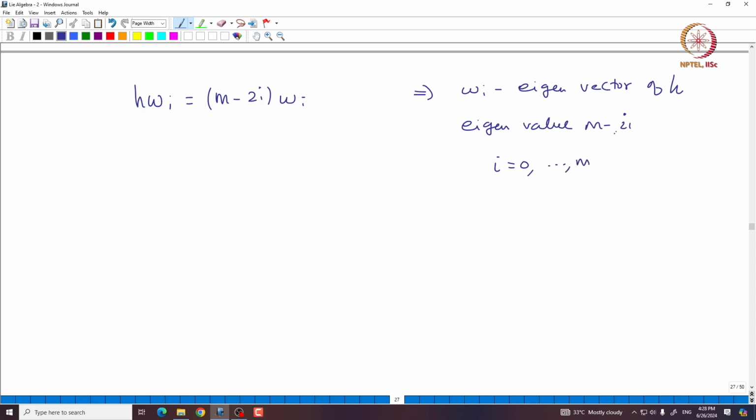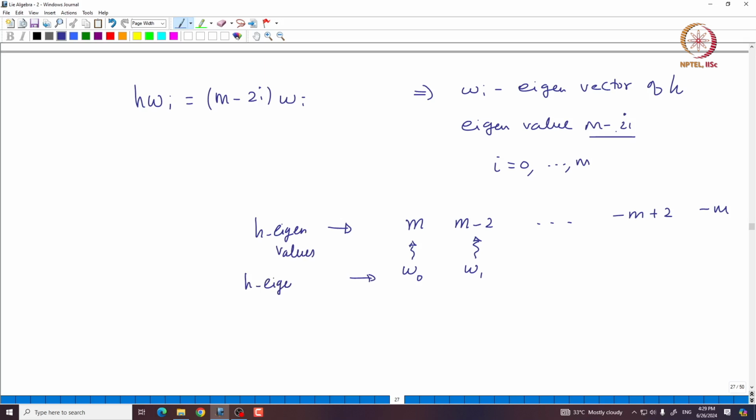When you put 0 here, it gives me m. So the eigenvalues start from m, then go to m minus 2, and all the way to minus m plus 2 and then minus m. These are all the eigenvalues. For example, w 0 is the eigenvector corresponding to the eigenvalue m, and then w 1 corresponds to the eigenvalue m minus 2. So, these are all the h eigenvalues and these are all the h eigenvectors.